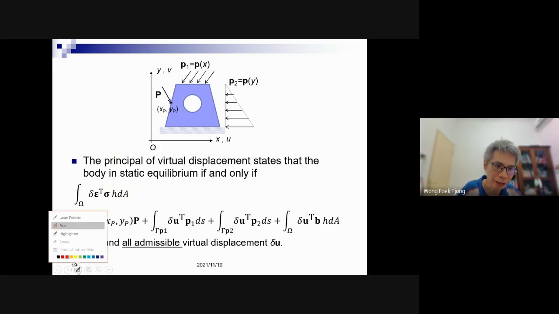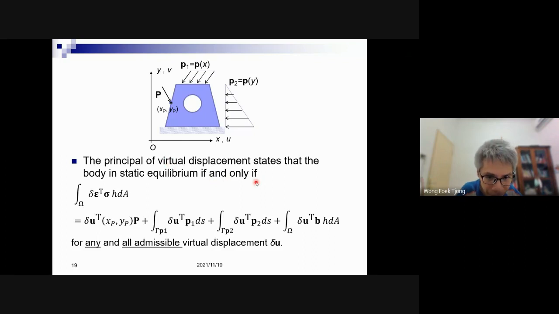So the principle says, let's refer to this illustrative example. The principle of virtual displacement states that the body is in static equilibrium if and only if, in other words, should be applicable, the internal virtual energy equals the work of the external virtual work for any and all admissible virtual displacement delta U. In other words, suppose I have the actual sigma, the true solution, or you propose a solution sigma for this one.